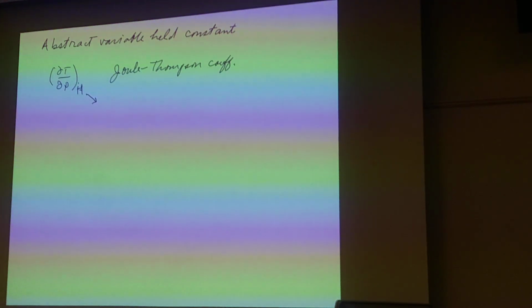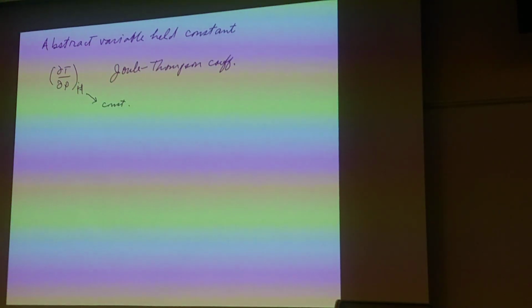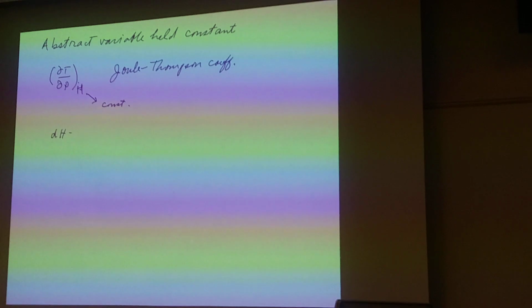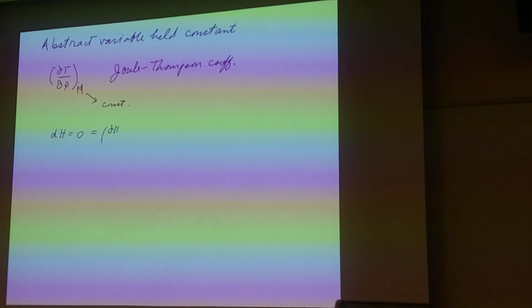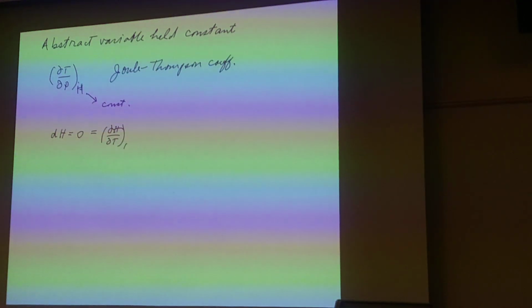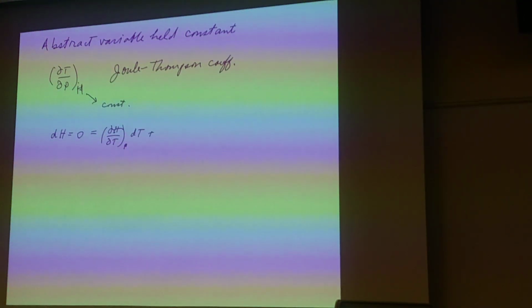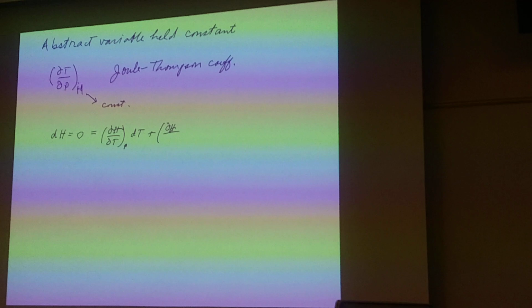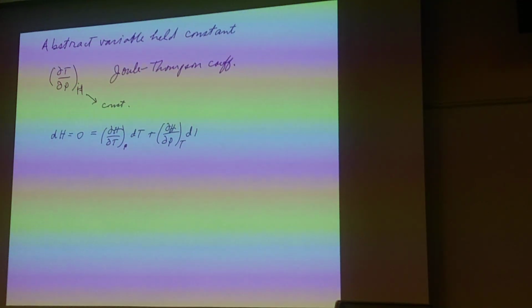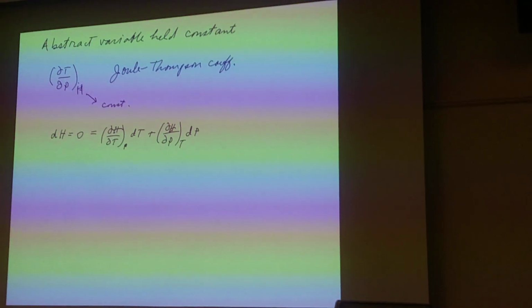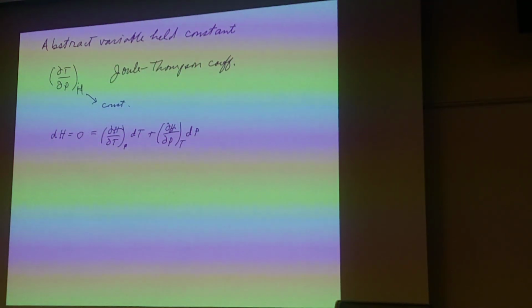Well, if H is constant, then I can write dH equal to 0, and then express dH as partial H with respect to T at constant P dT plus partial H with respect to P at constant T dP. And now I can rearrange this.